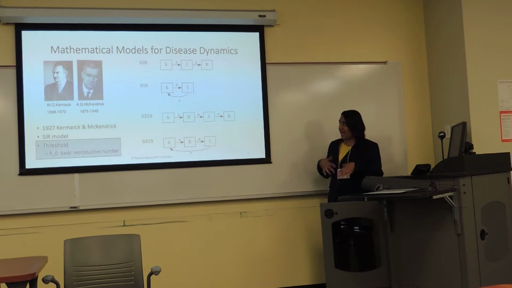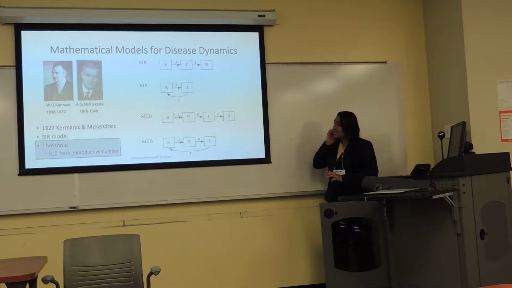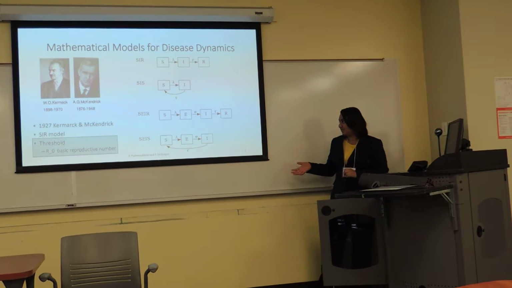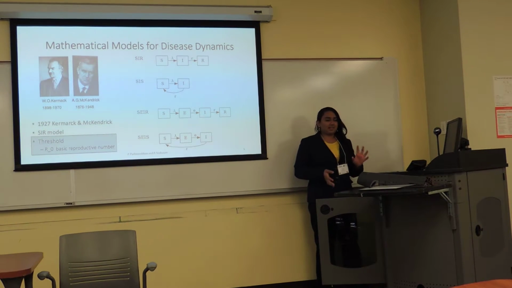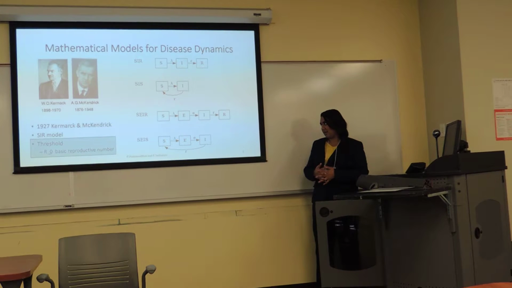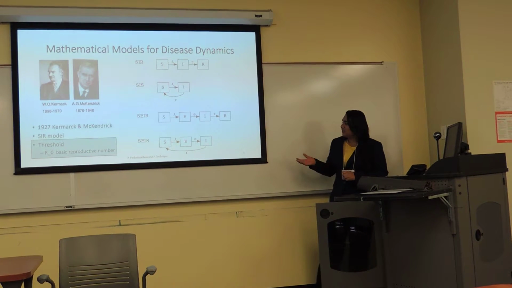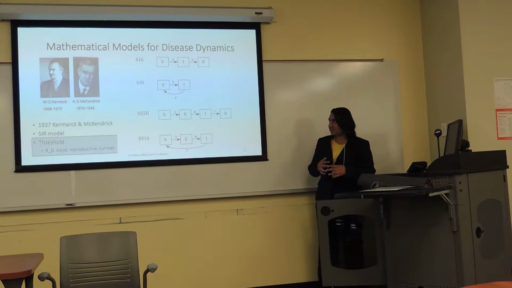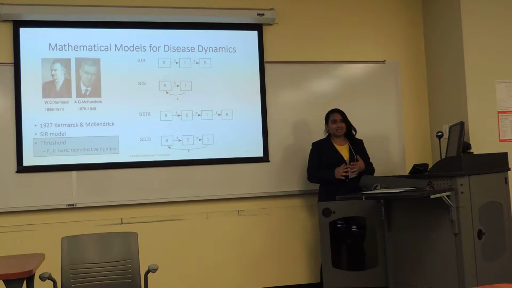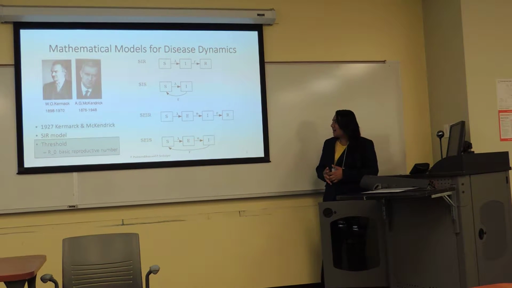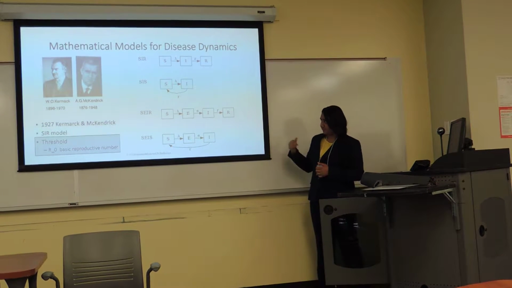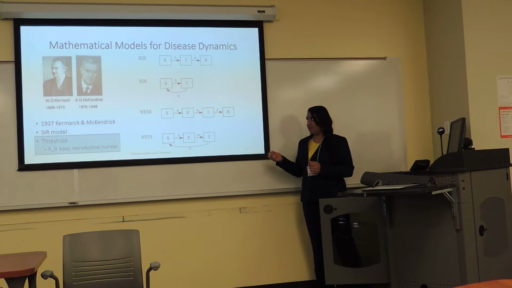Similarly, we can add in phases, like you see in the SEIR model, which has the exposed phase, and that basically describes an incubation period that can occur when the virus is in the human's body. The SEIR models are used to describe diseases like chikungunya and dengue, so that's where we started.